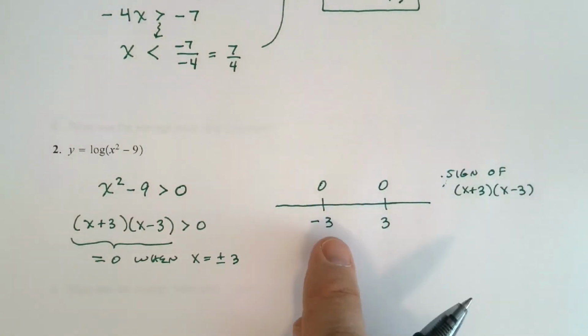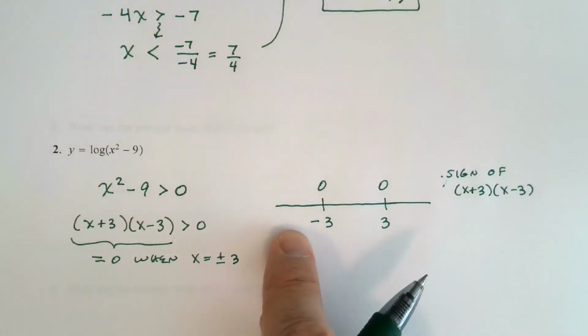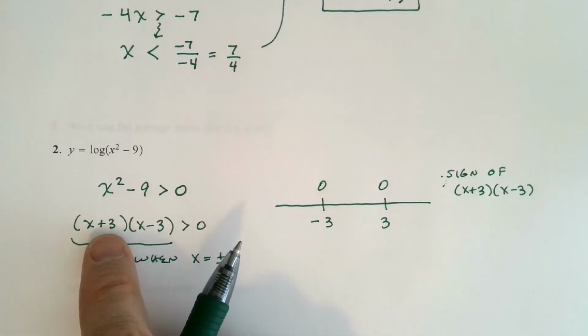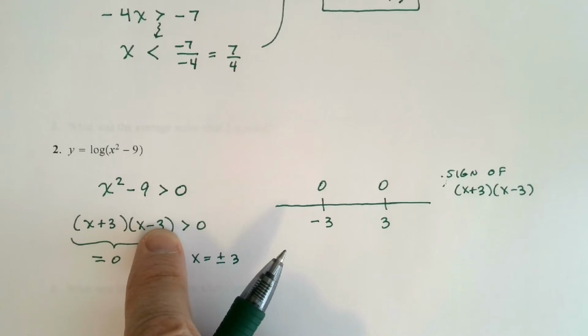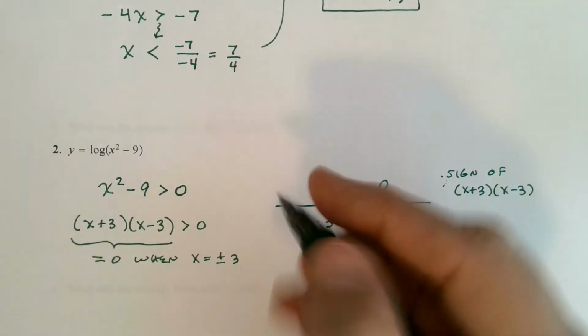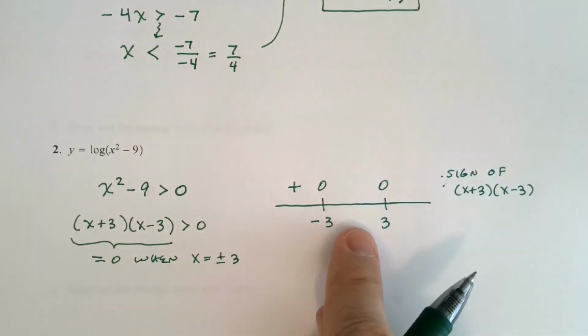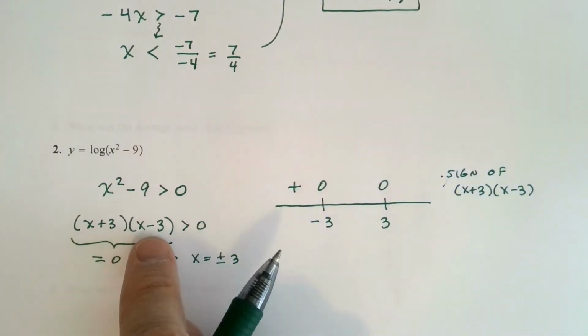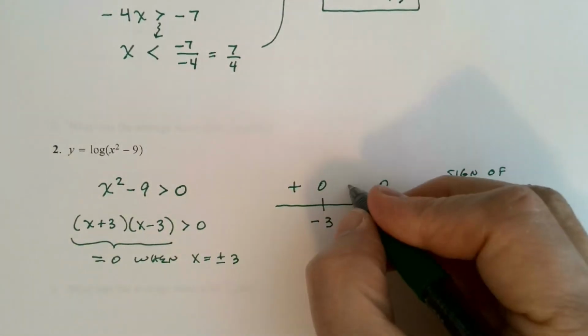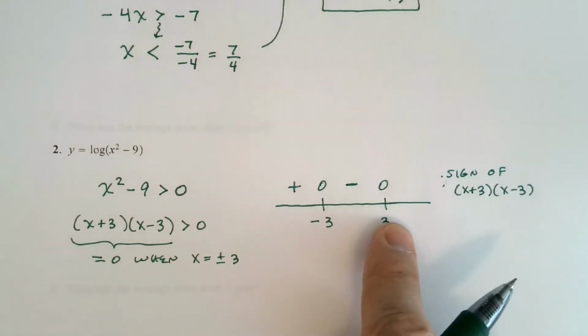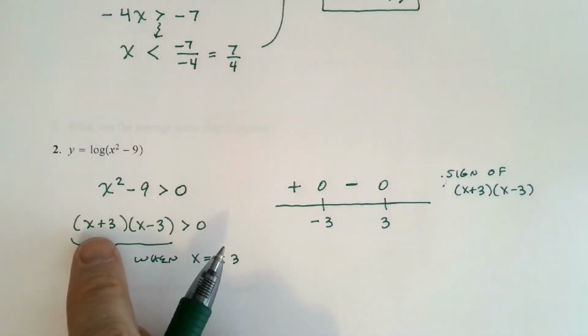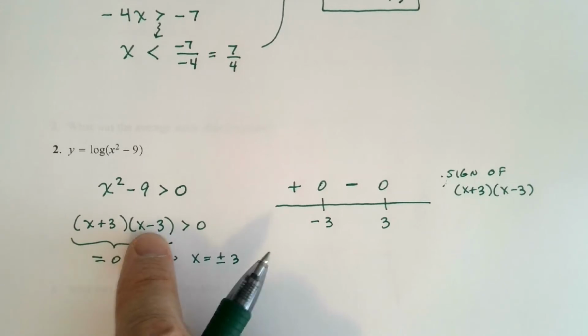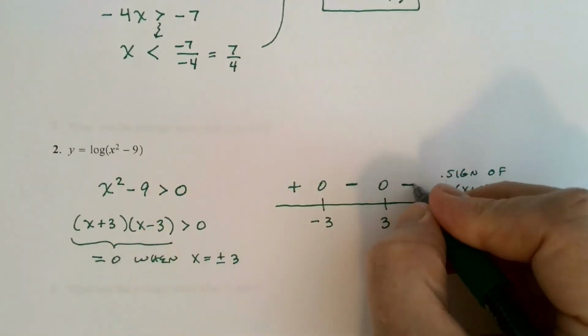If I plug in something less than negative 3, like negative 4, then negative 4 plus 3 is negative 1. Negative 4 minus 3 is negative 7. Negative times negative gives me a positive. If I plug in 0, I get 3 times negative 3, I get negative 9. It's negative. And if I plug in something greater than 3, like 4, I get 7 times 1, positive times positive, I get a positive result.